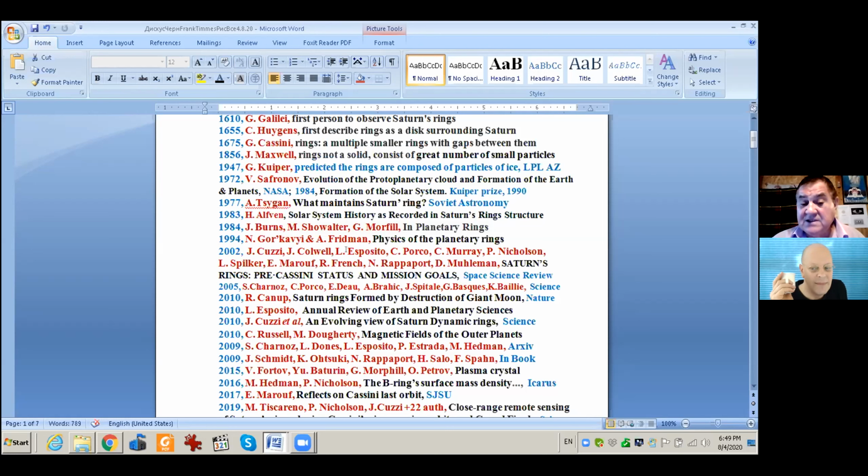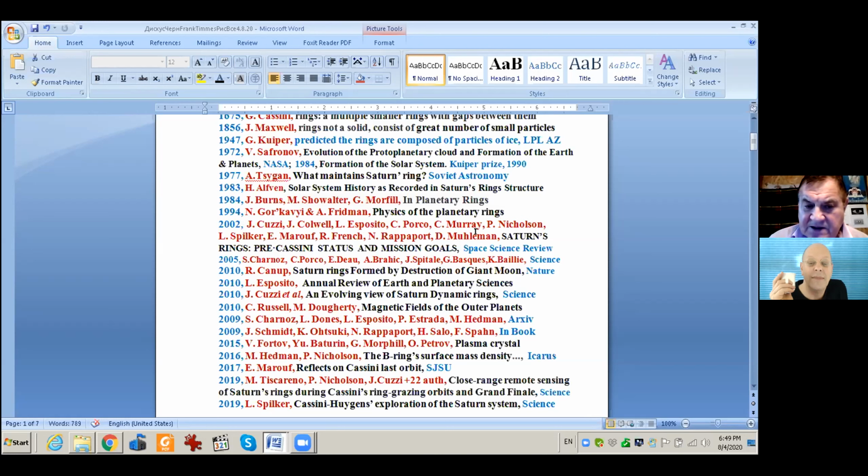But then there was a nice review of Saturn's rings, published as a pre-Cassini status and mission goals in Space Science Reviews, by a lot of people, like Cuzzi, Dan Colwell, Larry Esposito, Carolyn Porco, Murray, Philip Nicholson, Linda Spilker, Essam Marouf, French, Rappaport, and others.